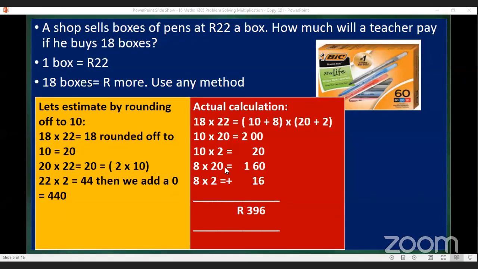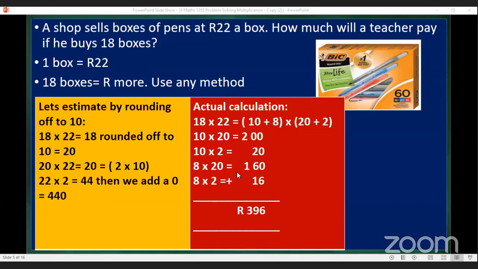And then the next one: 8 times 2 equals 16.